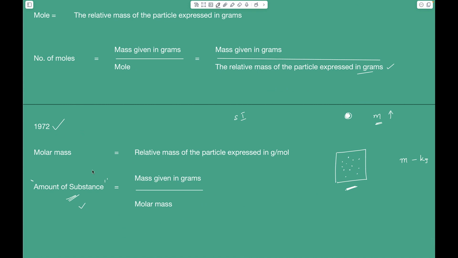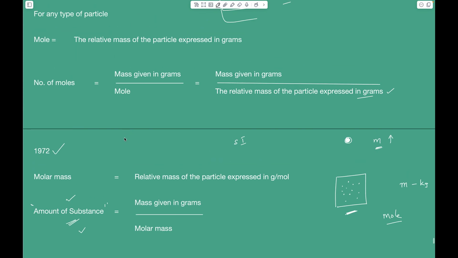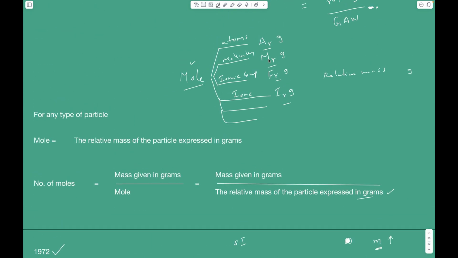So after 1972, mole has an entirely different meaning. It is simply the unit of the fundamental physical quantity amount of substance. Before 1972, mole represented certain mass of the substance. 1 mole of an atomic substance is equal to its atomic weight in grams.